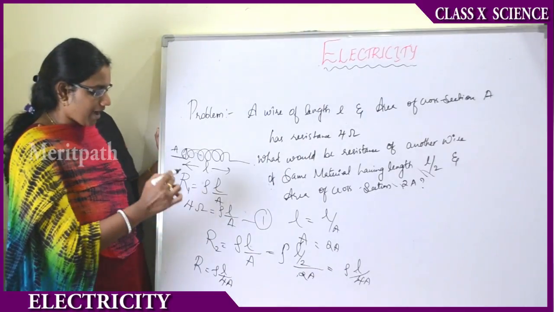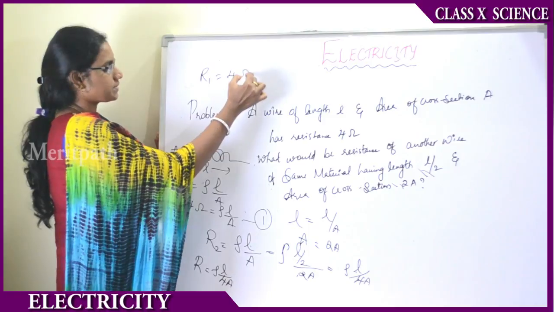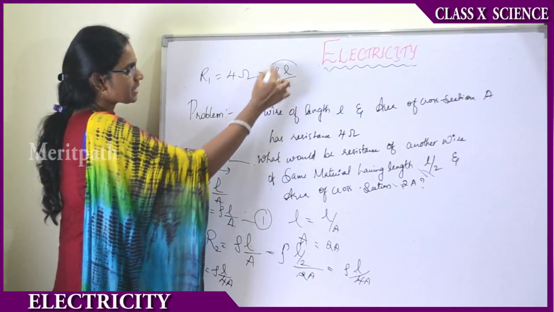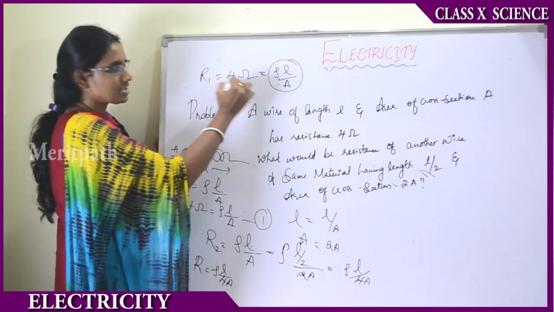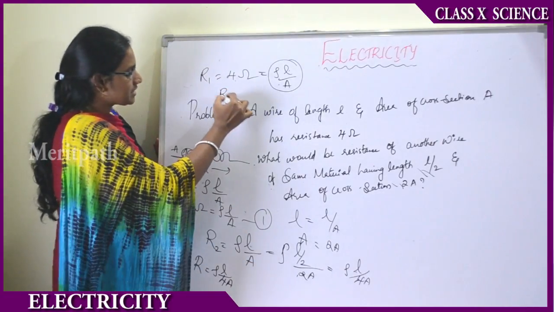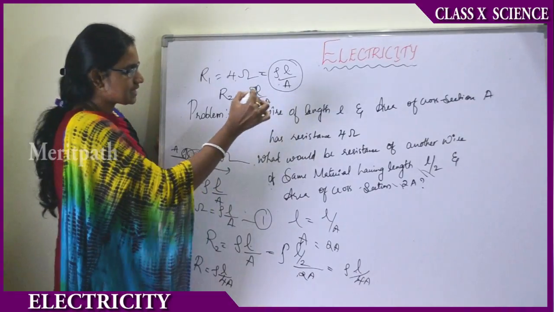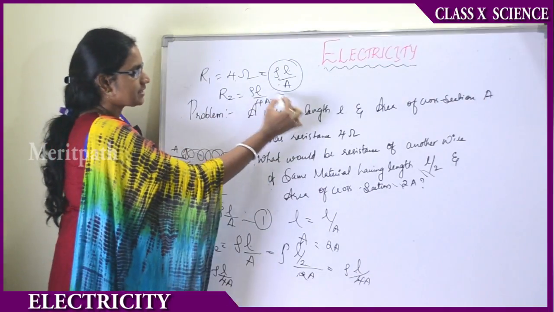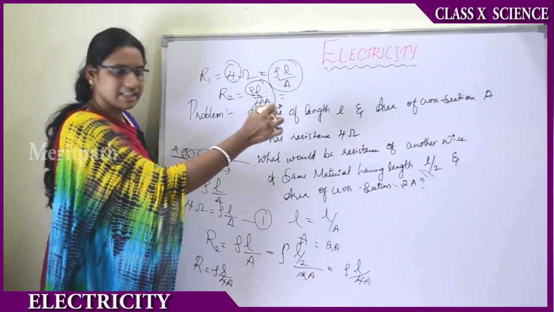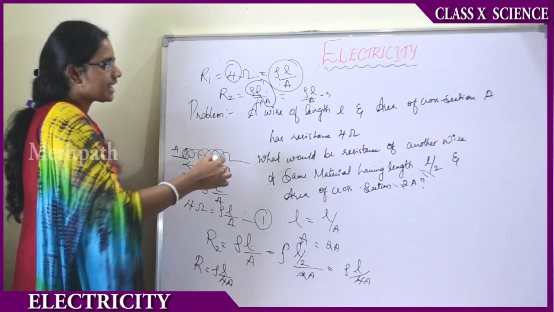R1 equals 4 ohms, that is rho L by A. We will be substituting this value, rho L by A equals 4, in the second equation, R2 equals rho L by 4A.